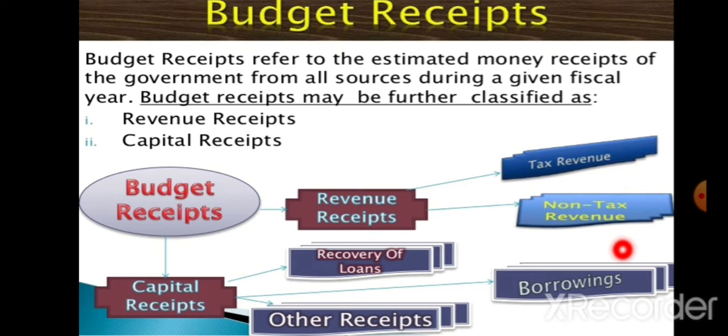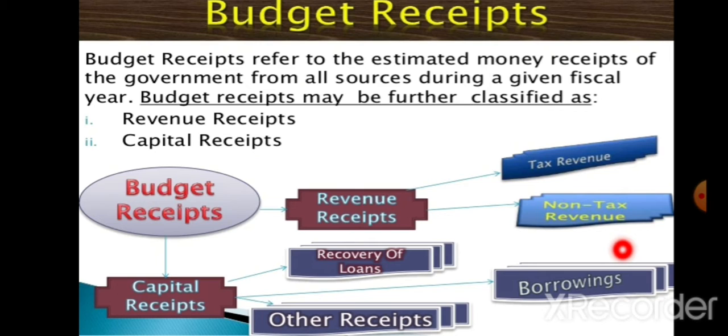In today's lecture, we will discuss the revenue receipts, and we will discuss the capital receipts and the budget expenditure tomorrow. So let's start with budget receipts. Budget receipts refers to the estimated money receipts of the government from all sources during a given fiscal year.